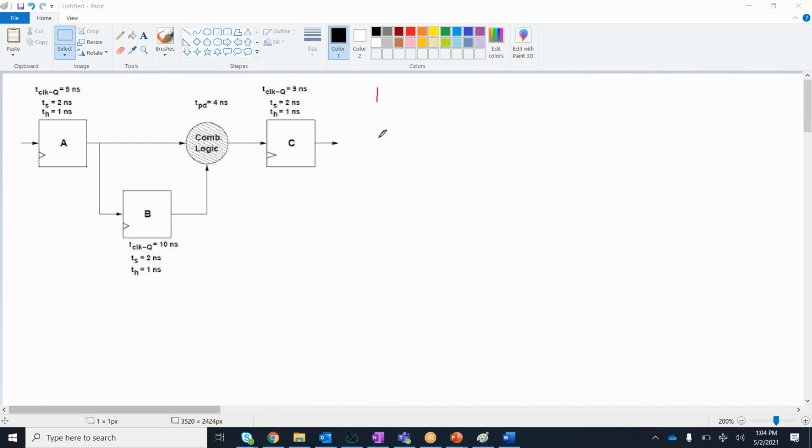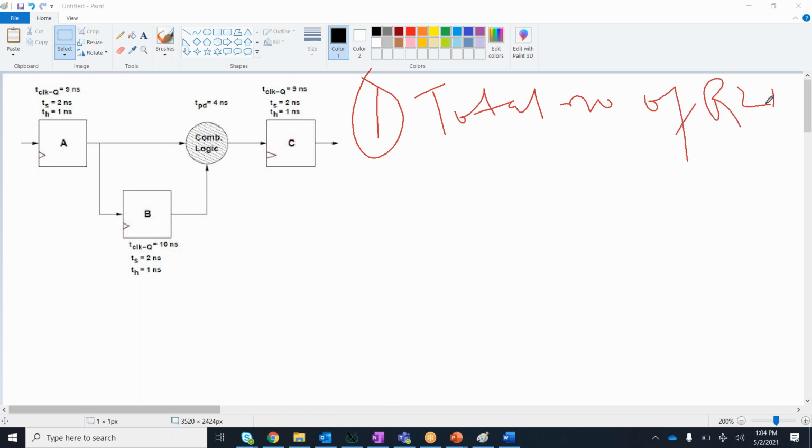So let's summarize what we were doing. To find the maximum frequency, what is my first step? My first step is to find the total number of rails to rails paths. Correct?